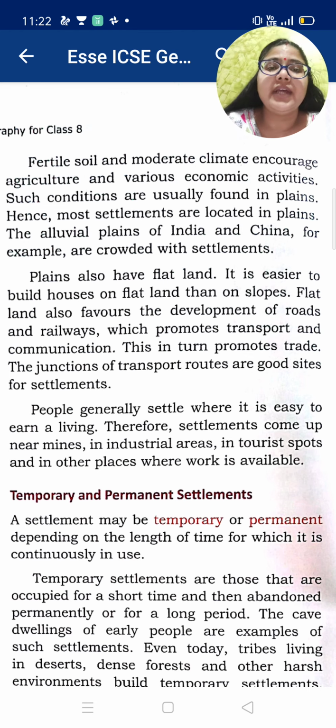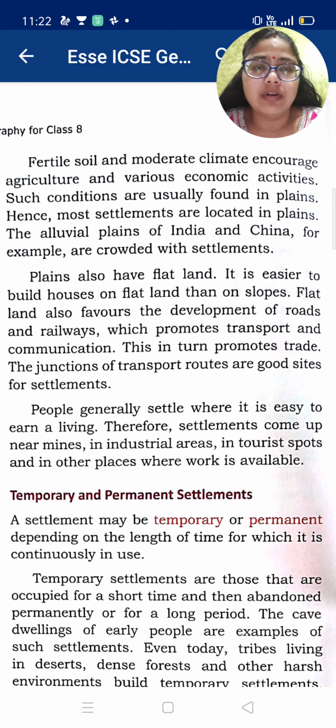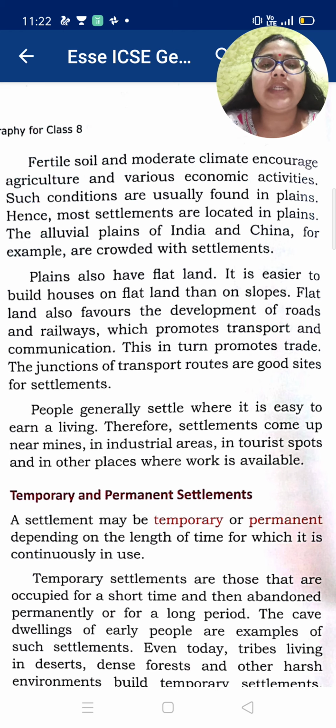Such conditions are usually found in plains, and all these types of conditions are mostly found in plain areas, lowland areas. Okay, so in the previous geography classes you must have understood the different types of landforms like mountains, plateaus, and plains. Okay, and plains are the lowland areas, so hence most of the settlements are located in plains.